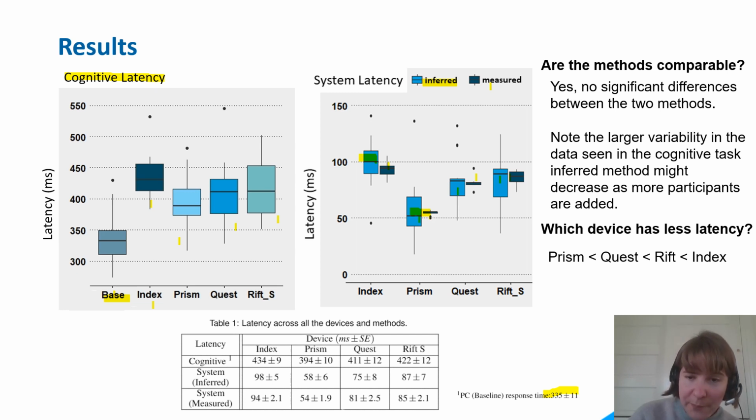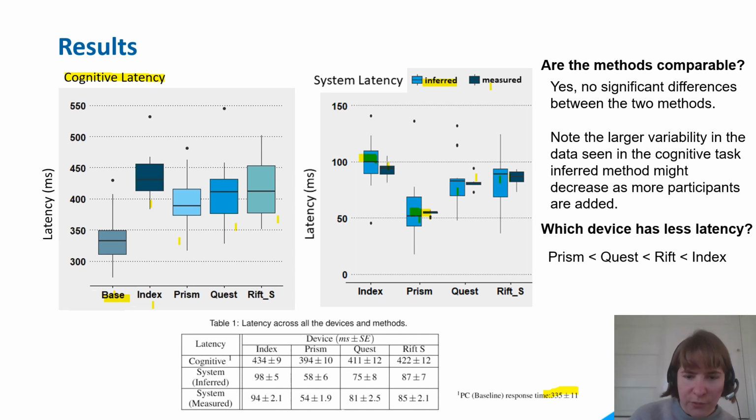There is larger variability in the inferred method that may go away as we increase the number of participants, because different participants have different latencies themselves in the performance of a task, and over a larger set of participants, I think that would converge closer to the measured data. Regarding latency, we were able to rank them, and the Prism was the top performer. Then we had the Quest, the Rift, and the Index.